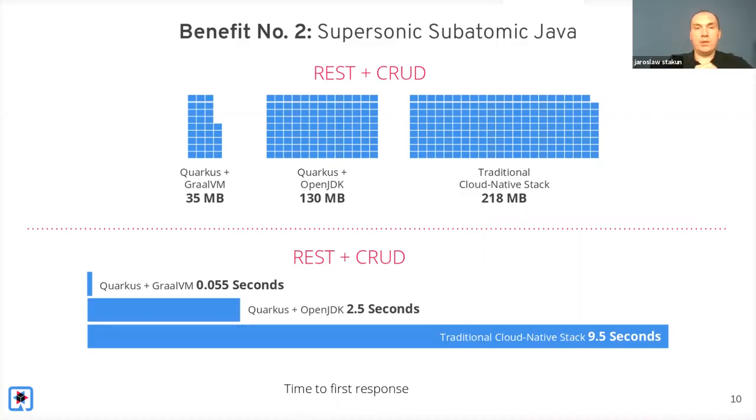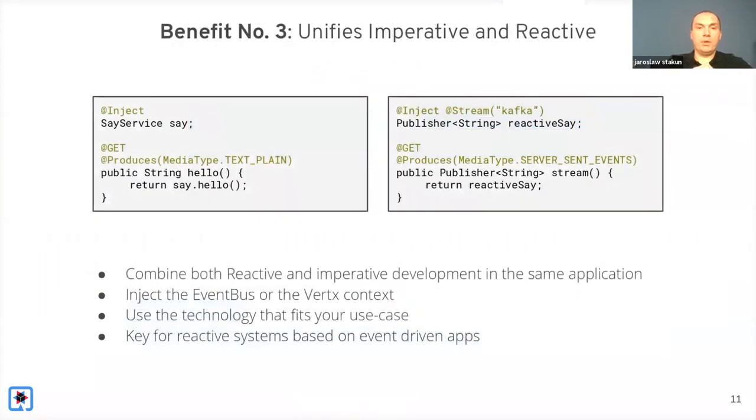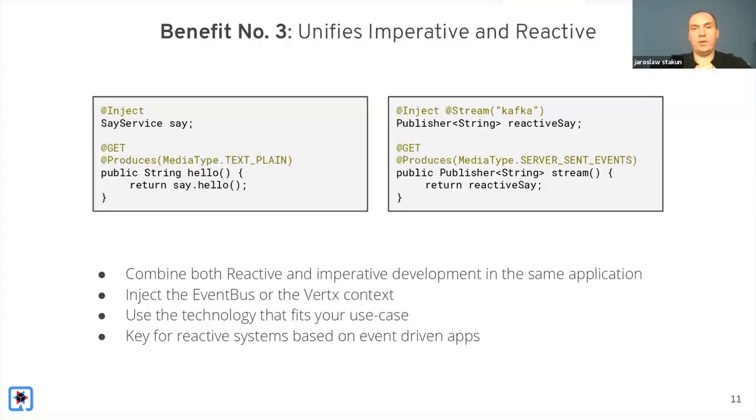And subatomic means that you can really limit the size of the memory consumed by your Java application significantly compared to the traditional stack. Quarkus also supports different programming approaches, so both imperative and reactive programming are supported. If you have experience with some of them, you can easily leverage this experience.